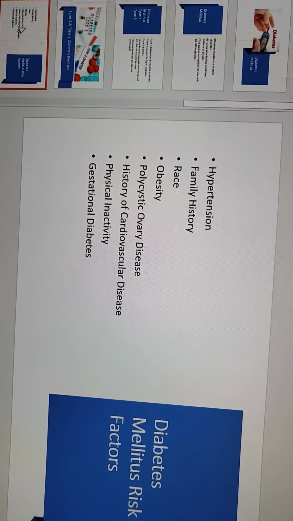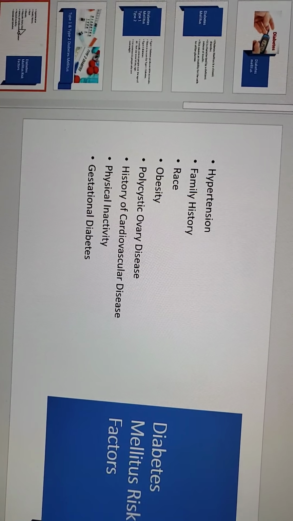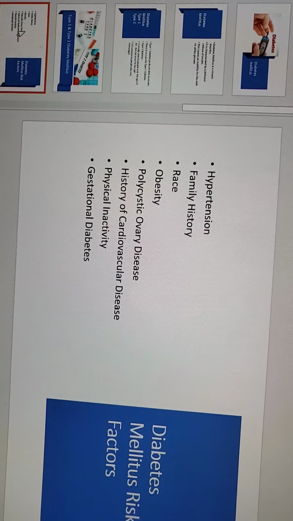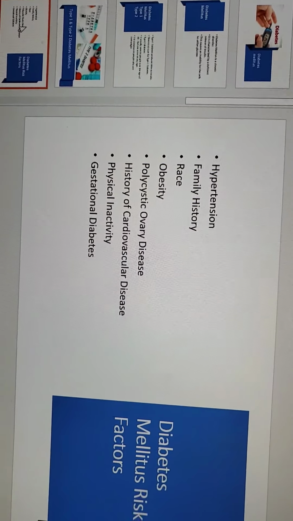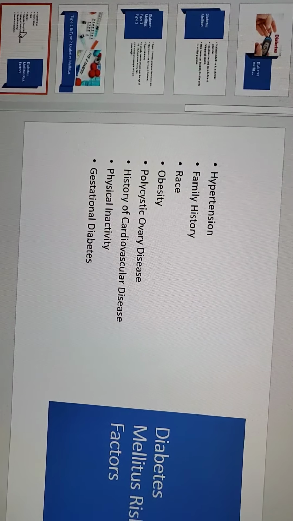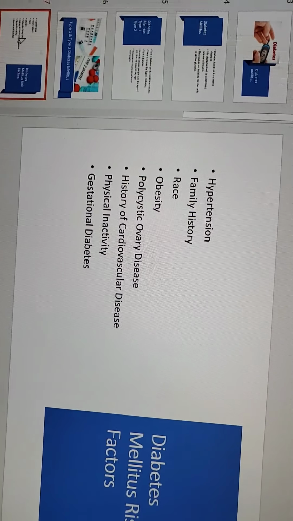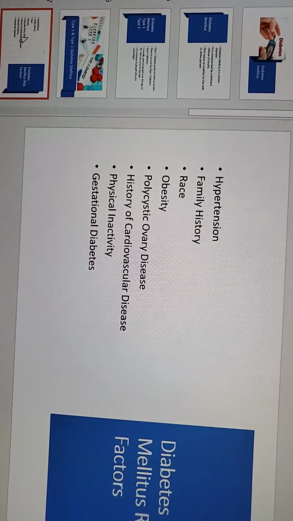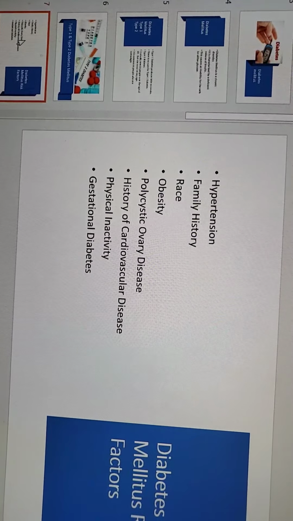Polycystic ovary disease can disrupt the endocrine system and cause insulin resistance. Obesity can lead a person to the diagnosis of diabetes because of insulin resistance. The insulin resistance triggers the person to have a high blood sugar due to glucose buildup in the body.